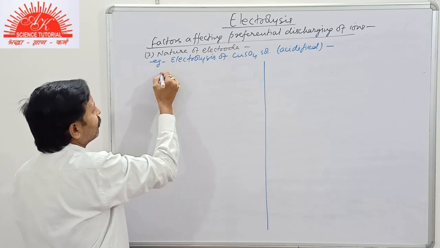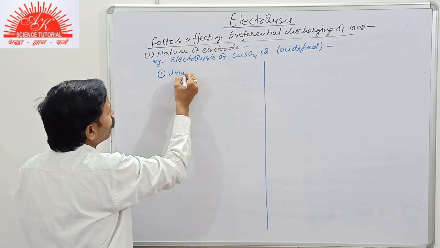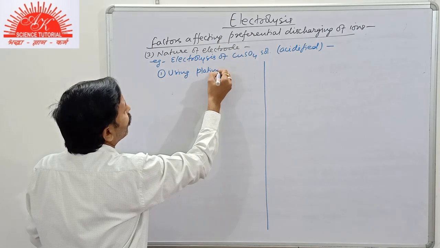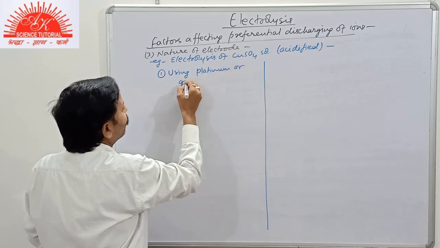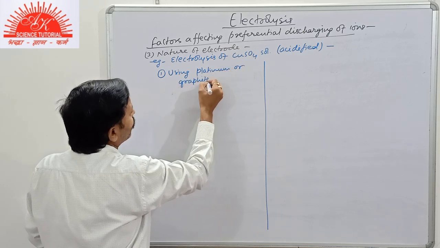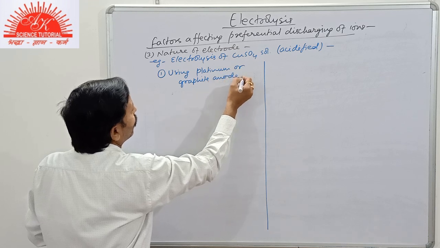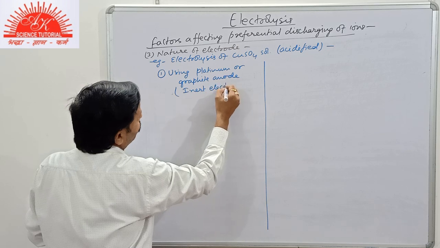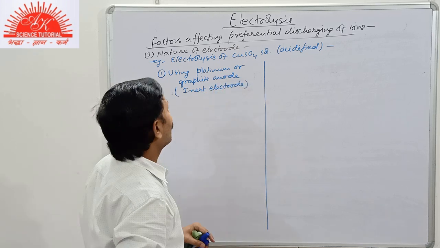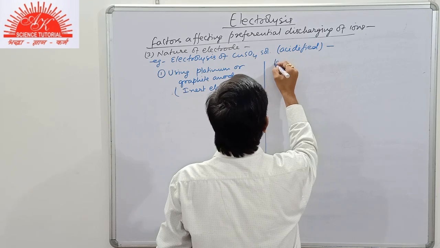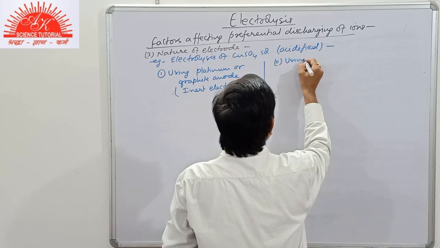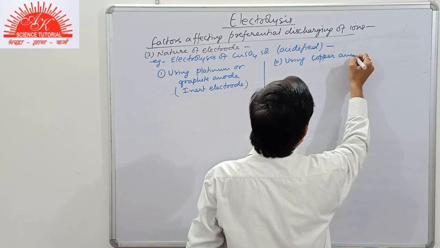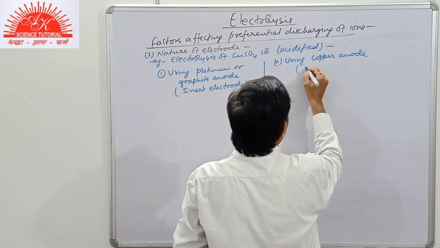Suppose in the first part we take platinum or graphite anode, means we are using inert electrode, and here we are using copper anode, that is attackable.